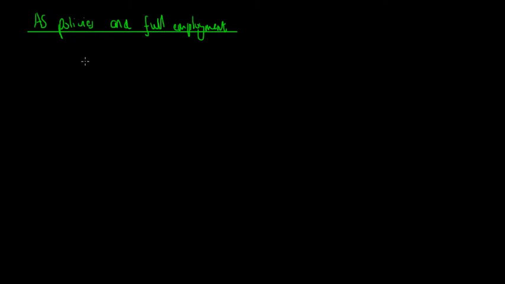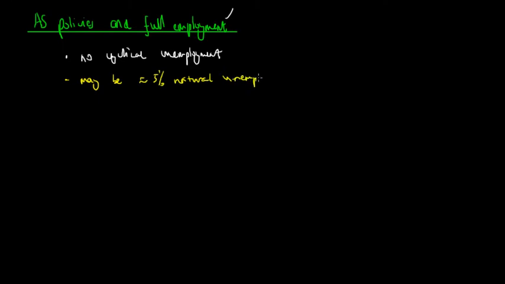Now, as we know, full employment is achieved when there is no cyclical unemployment. And we've also agreed that there may be around 5% natural unemployment that may be unavoidable.